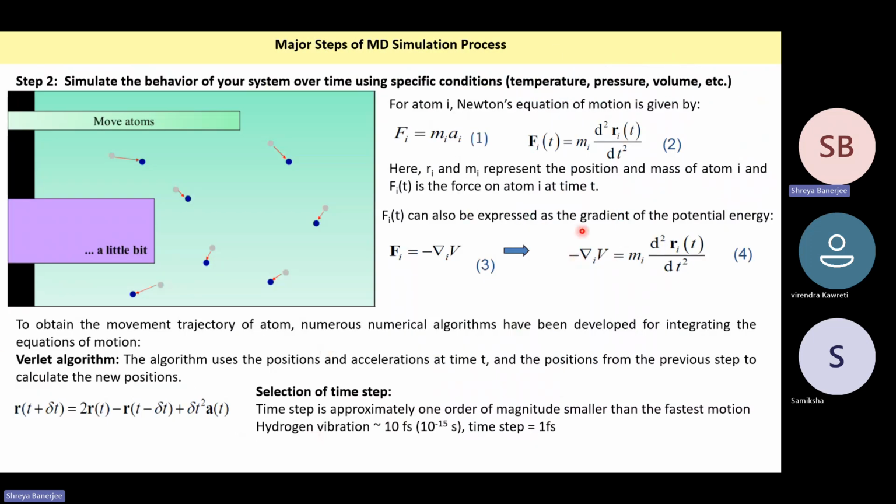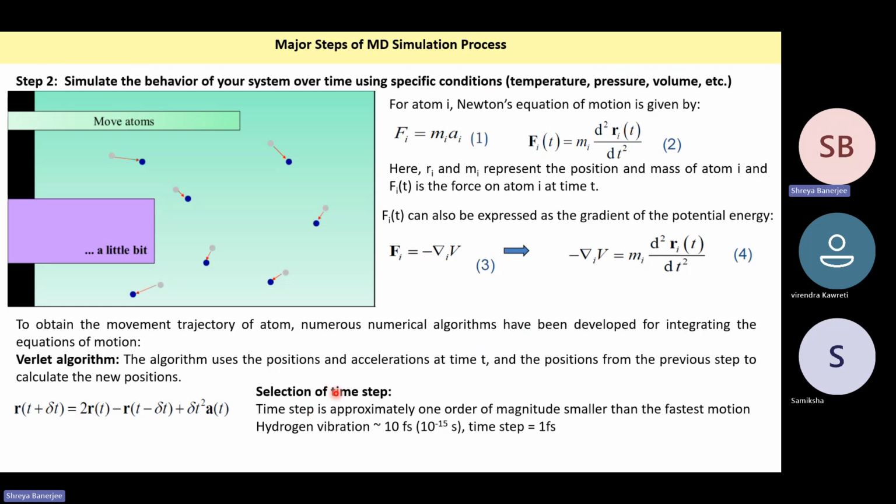So the software can calculate the left-hand side term, and also it can integrate the right-hand side term to get position and mass. For each atom, there will be a mass. You have to specify that also, like it has been written in the program the exact mass of carbon, exact mass of hydrogen. So using the basic laws of motion and integrating them, the software can find out the position and acceleration at time t for each of the particles.